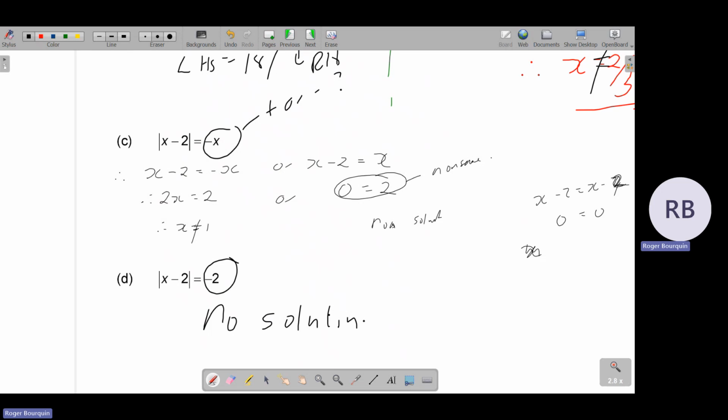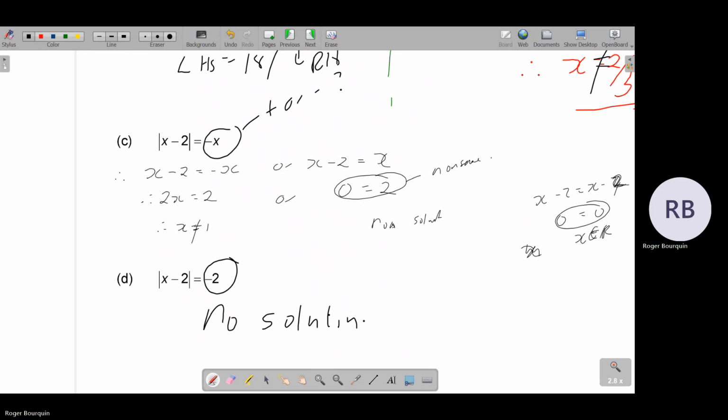So if you get two numbers that are the same, usually 0 is equal to 0, that means x could be any real number. x is an element of the reals. But if you end up with this situation, two constants, 0 is equal to 2, which is nonsense, then there's no solution. So for this whole equation, there's no solution.